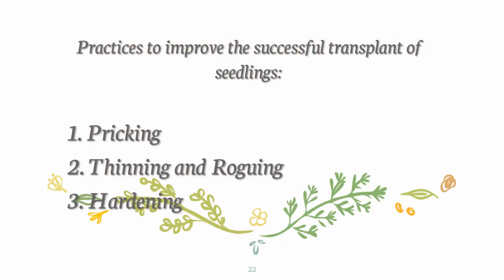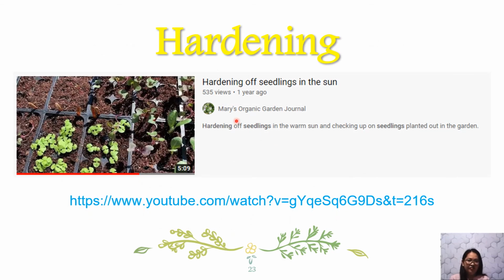So going back, the practices to improve the successful transplant of seedlings are number 1, pricking, 2, thinning and rogueing, and 3, hardening. For your additional information, try to visit this link for the steps in hardening.